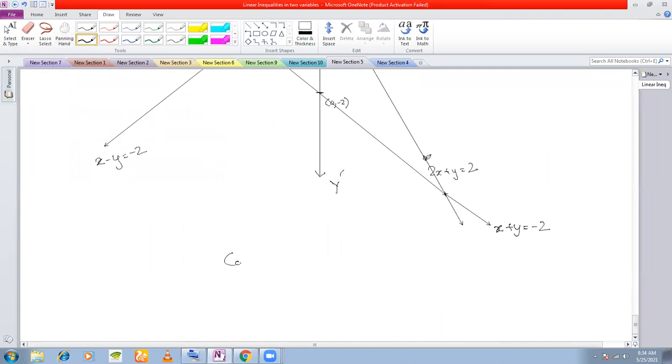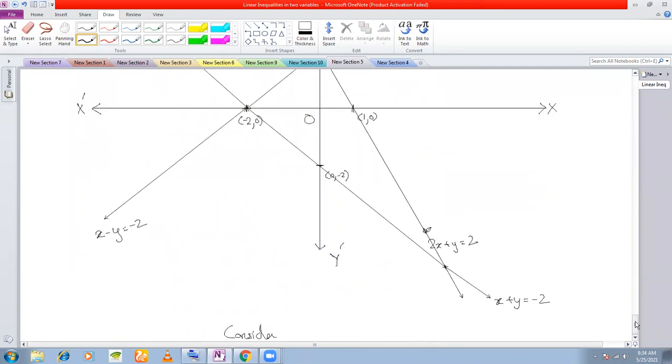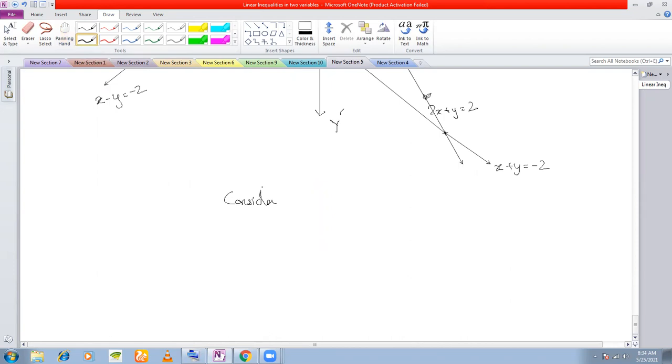Okay, so now consider the first inequality, which is 2x plus y less than 2. Okay, so for the point (0, 0), you have 2 into 0 plus 0 less than 2.